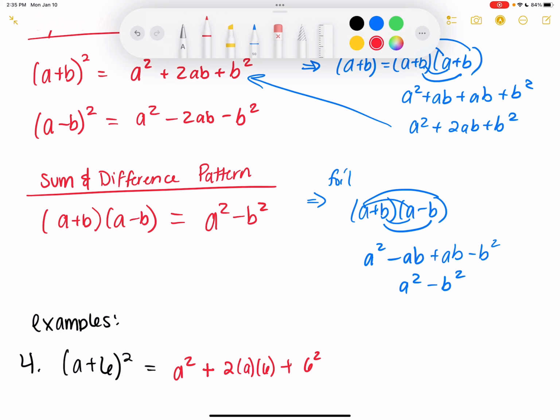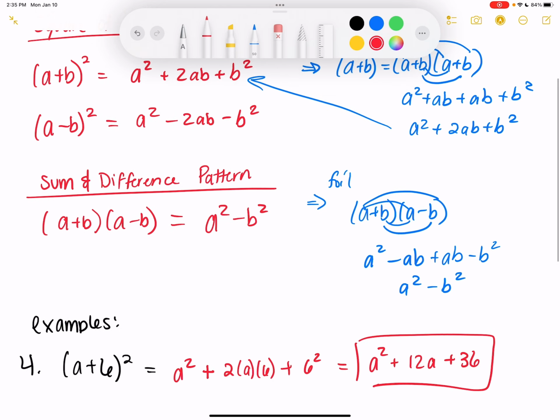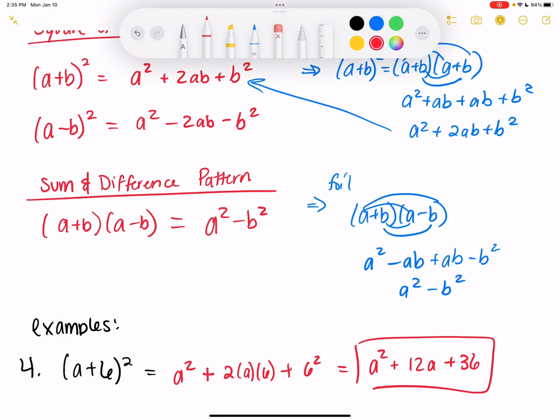And then I'm just going to simplify this into a squared plus 12a plus 36. Okay, so we see how it follows this pattern. Making sense? Not something ridiculously hard to come back to. Okay, good.